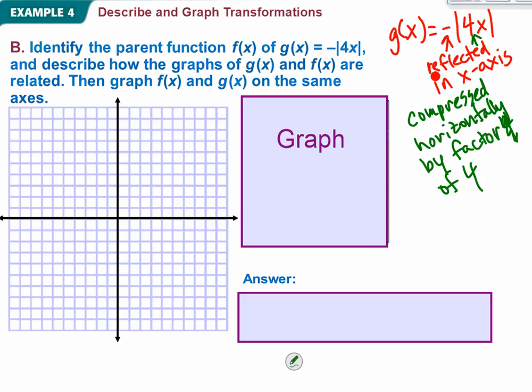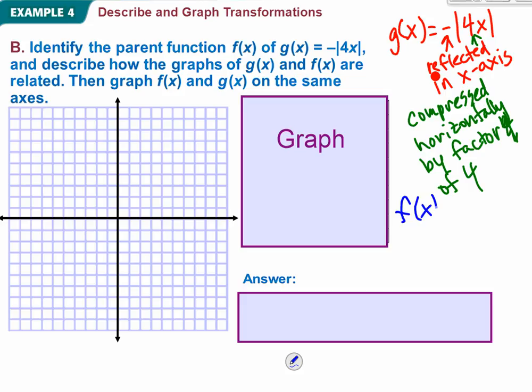So do you agree that if this had been like this, it would be the exact same graph, but we would say it was expanded vertically, right? So that's a little fine-tuned part of the way this is. And that's why I'm recording this lesson as well, because there are some things that are a little funny to keep in mind.